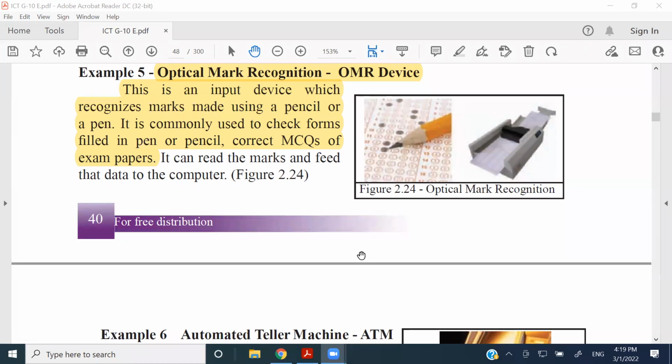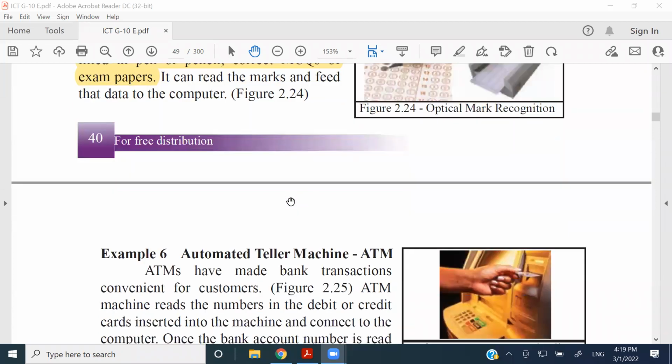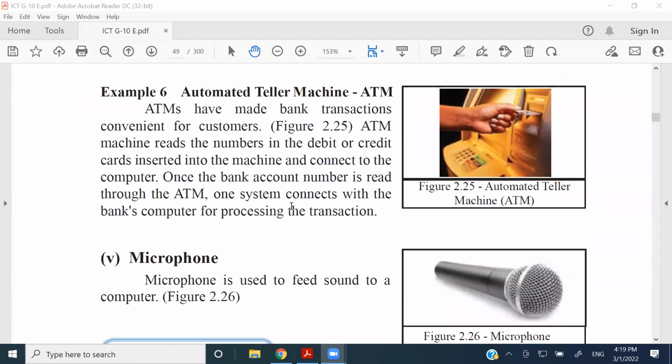Okay, Malitu is done, so we can move forward. Last one, it's better we not go with the ATM, right?